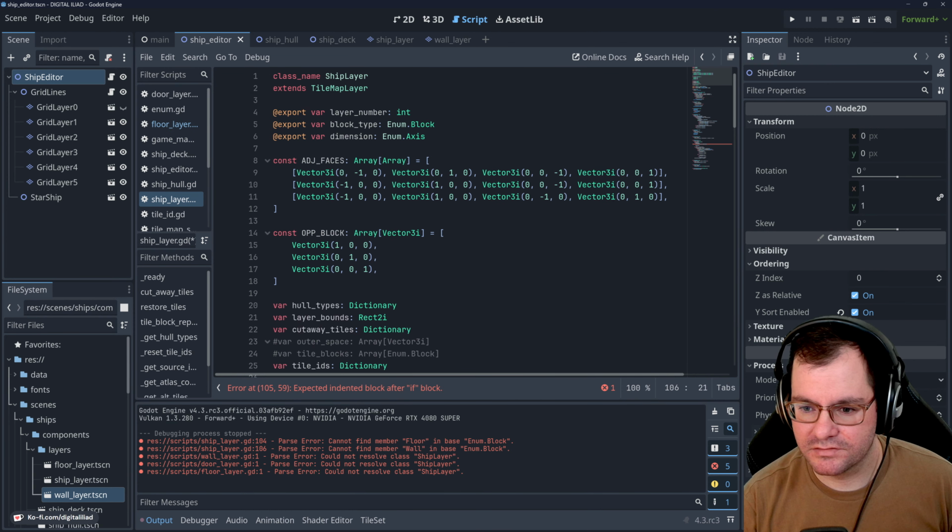So if your dimension is enum.axis.z, then you're going to say if ship hull dot tile blocks at coords is enum dot block dot wall, then our hull type is a middle hull.